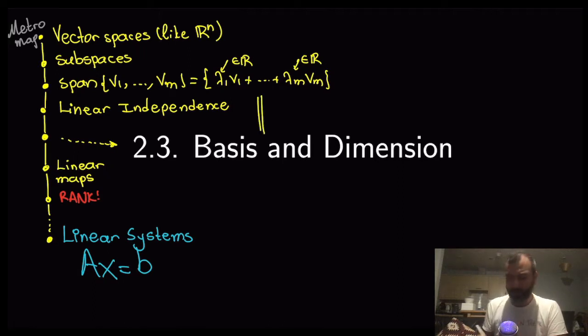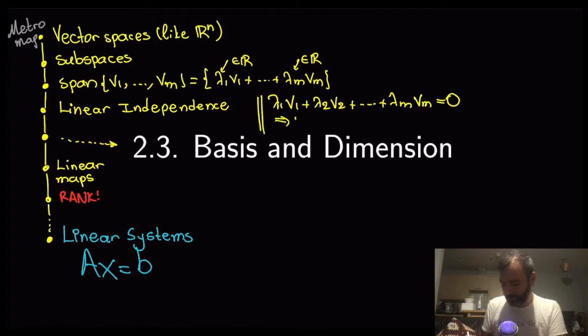So the plain and dry definition is that the vectors v1, v2 and so on are linearly independent means the following: if lambda 1 v1 plus lambda 2 v2 plus lambda 3 v3 plus ... lambda m vm is equal to 0, then this implies that lambda 1 is equal to lambda 2 is equal to, and so on, is equal to lambda m is equal to 0.